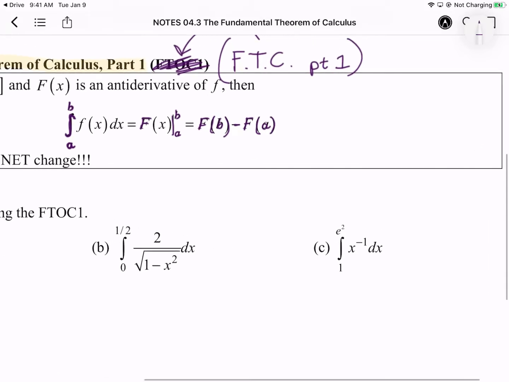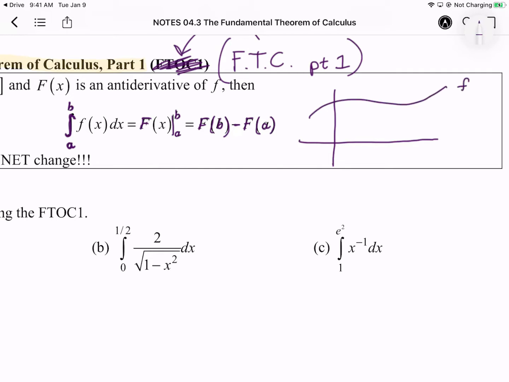Graphically, I have a function f, and from a to b, what we're doing is finding this area here, but only between a and b.